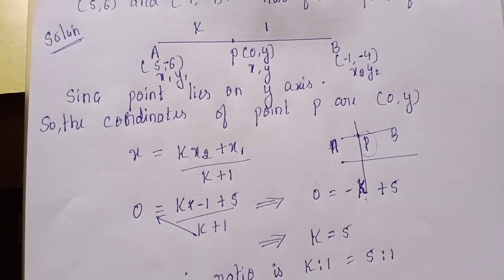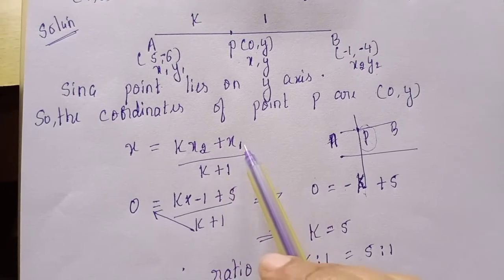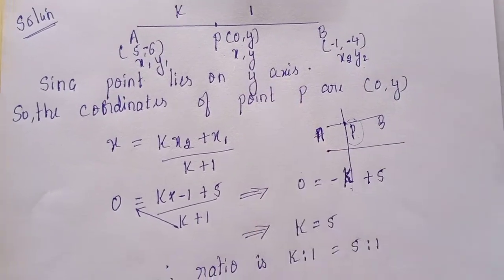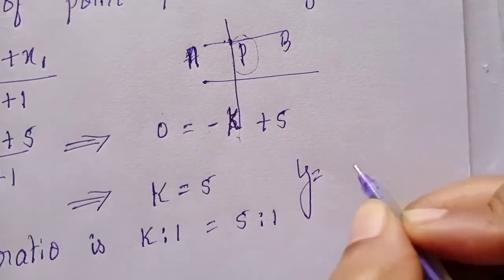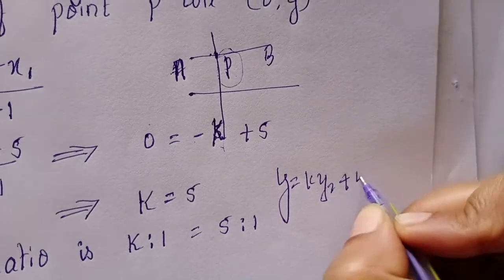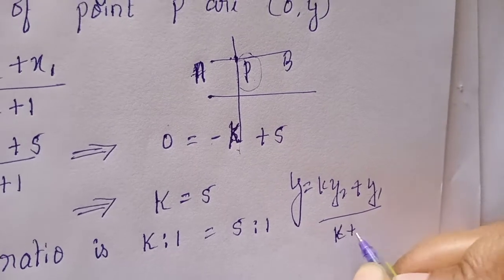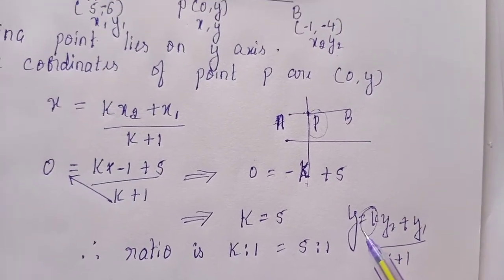Now just recall what I told in the previous question. To find the ratio, here you can take x equals kx2 plus x1 divided by k plus 1. y equals, suppose if I take the y value, what happens? y equals ky2 plus y1 divided by k plus 1. So what happens here? You can see I don't know the value of k and also we don't know the value of y.